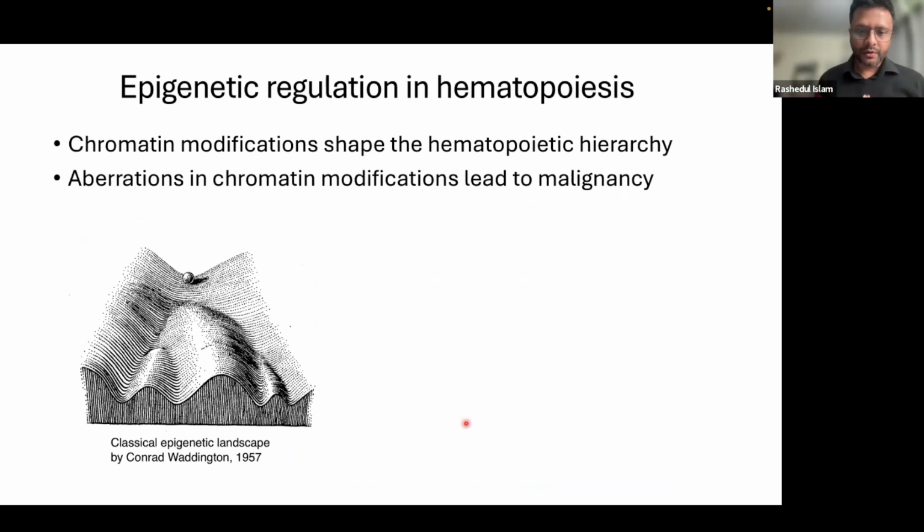Before that, I want to give some context. This picture on the left side is the classical epigenetic landscape proposed by Conrad Waddington, where a rolling ball has the potential to choose different paths during its downhill journey.